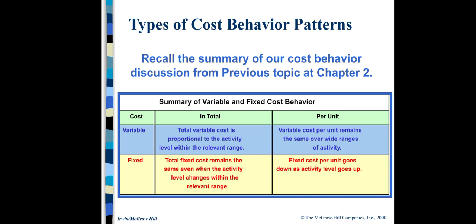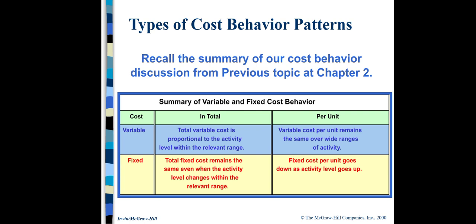So it remains the same per unit, but in total the variable cost will increase proportional to the activity level. When the activity level increases, the variable cost will increase. But if we calculate the variable cost per unit, it will still remain the same over the wide range of the activities.